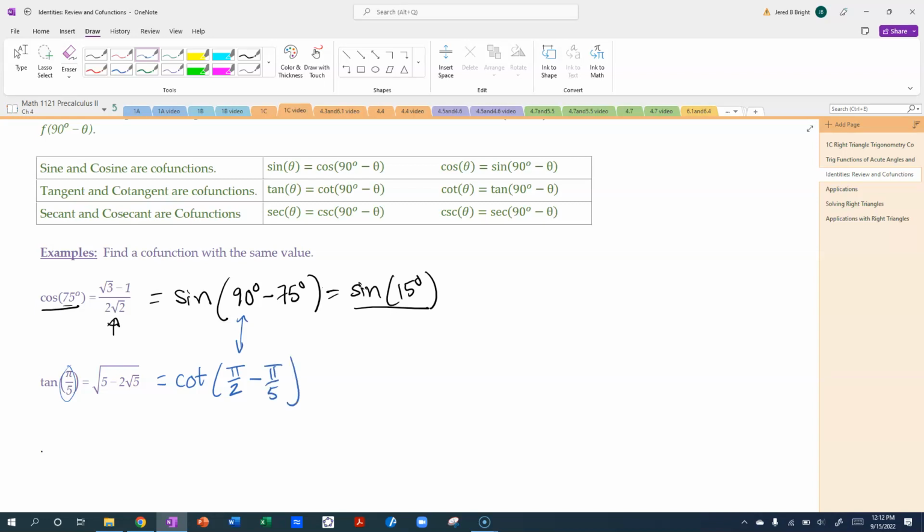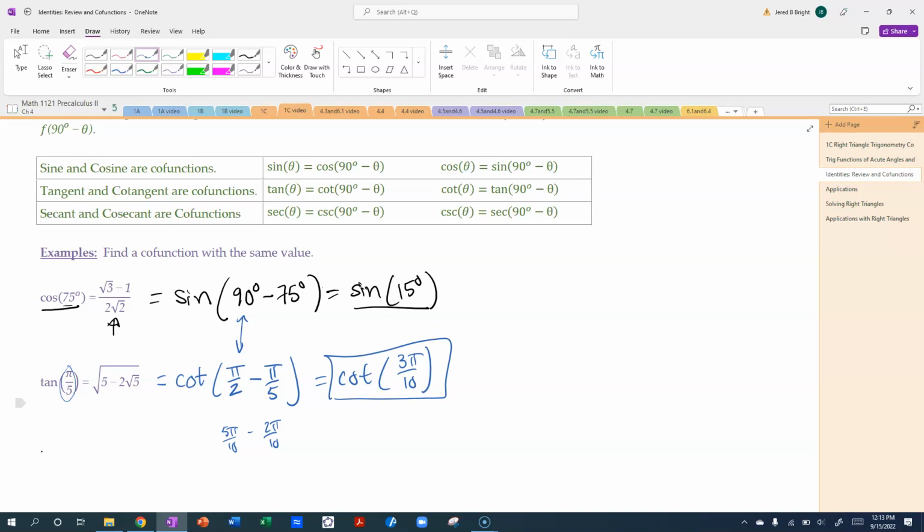We might need common denominators, so you get 5 pi over 10 minus 2 pi over 10. So in all, this is the same as cotangent of 3 pi over 10. So cotangent 3 pi over 10 would be equivalent in value to tangent of pi over 5.